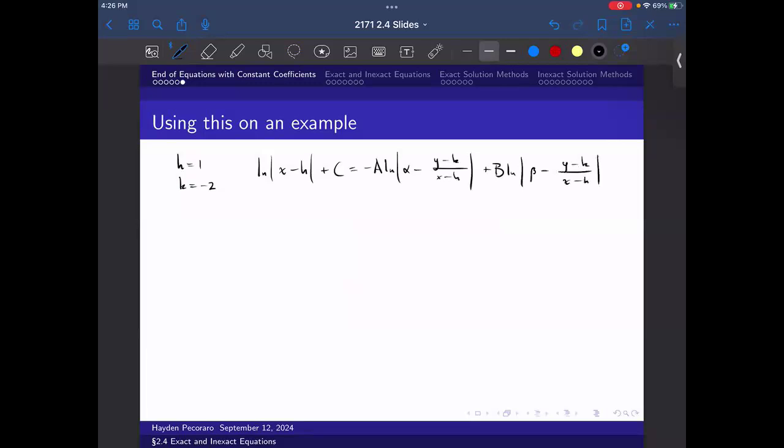Plugging that stuff in, we get log of x minus 1, and then (y plus 2) over (x minus 1), plus b times (y plus 2) over (x minus 1). I think I have the parameters for those ones now. No, I have that for a different one.